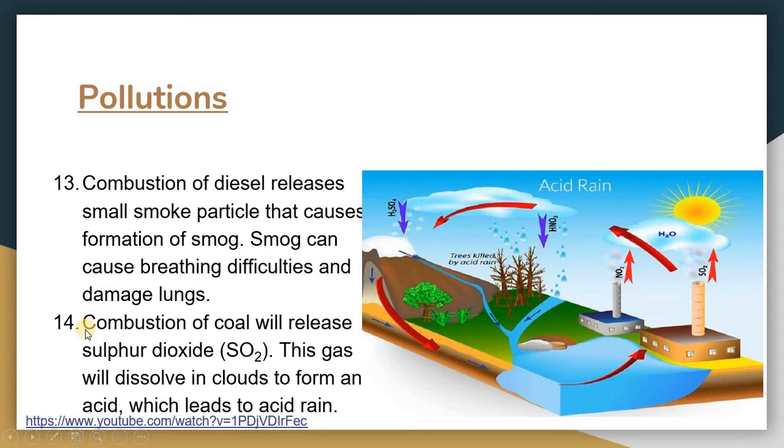All right, and in another fossil fuel, which is coal, when we burn coal, it will actually release sulfur dioxide. This gas will dissolve in clouds to form an acid, which leads to acid rain.